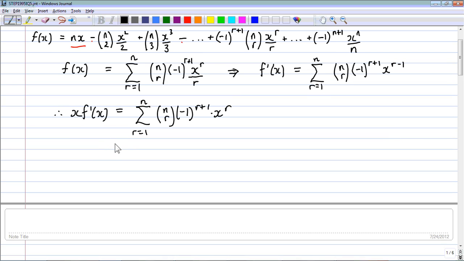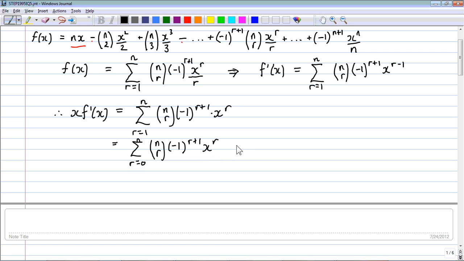So this is the same as, let's do it carefully, the sum from r equals 0 to n. The same thing here, n choose r, (-1)^(r+1). That won't change there. x to the r.